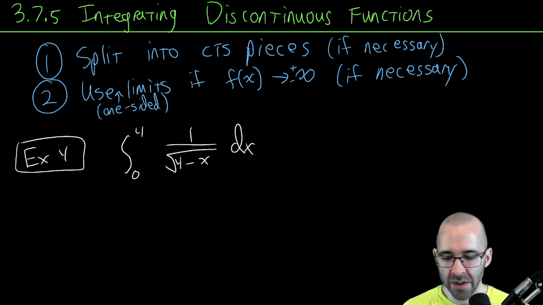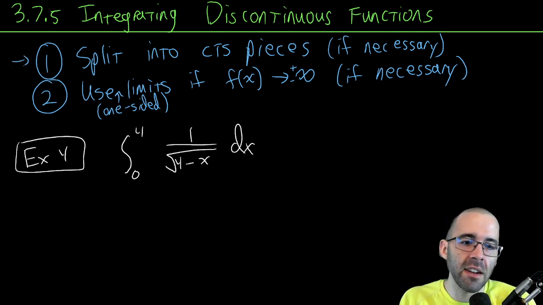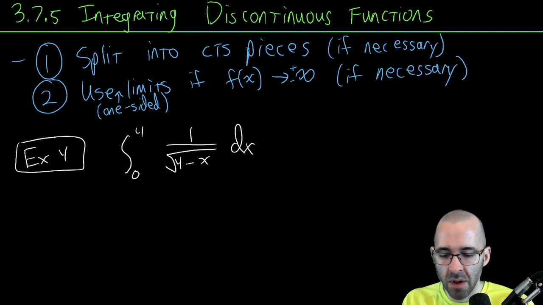So here's how we do this. Again, we don't have to do step 1 because this is already continuous on the open interval from 0 to 4.